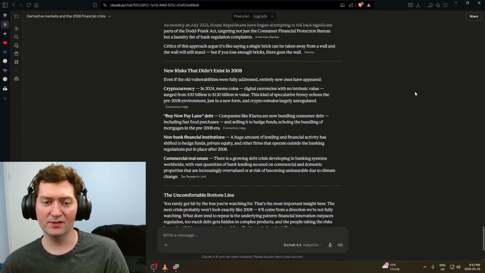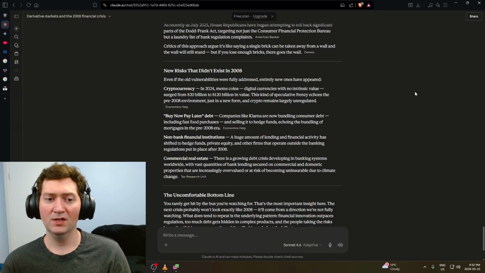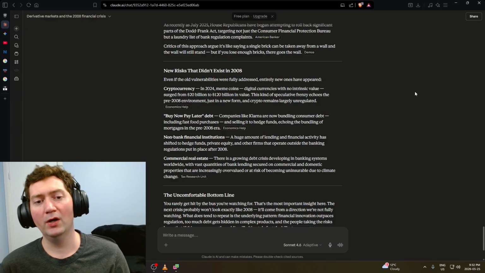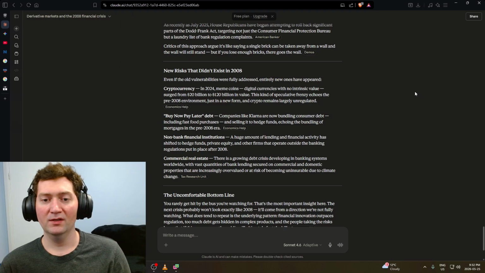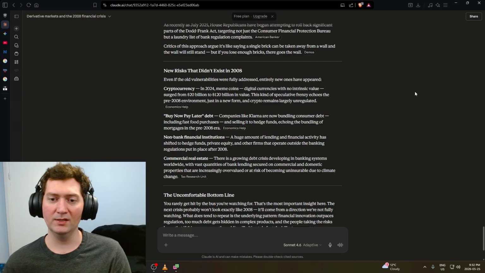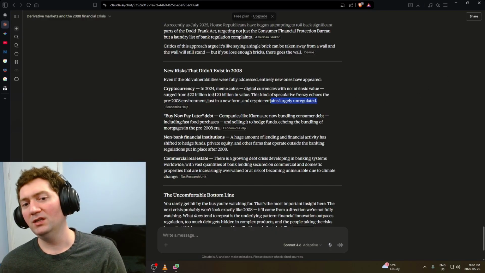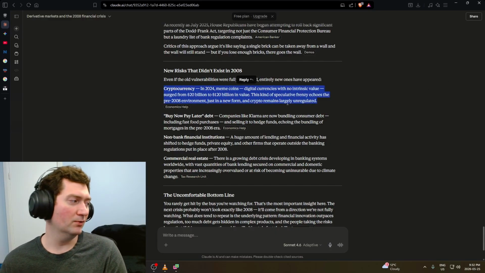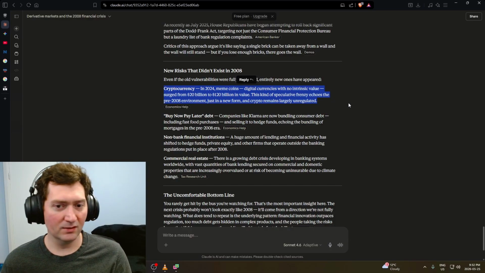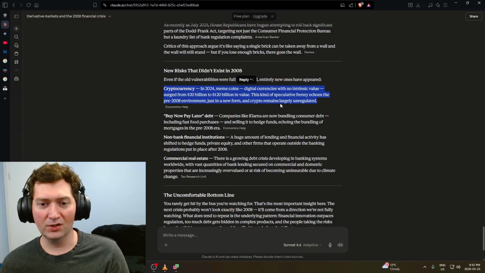Cryptocurrencies in 2024, meme coins, digital currencies with no intrinsic value, surged from 20 billion to 120 billion in value. This kind of speculative frenzy echoes the pre-2008 environment, just in a new form, and crypto remains largely unregulated. I mean, if you're putting your money in crypto, just understand that there is no intrinsic value.